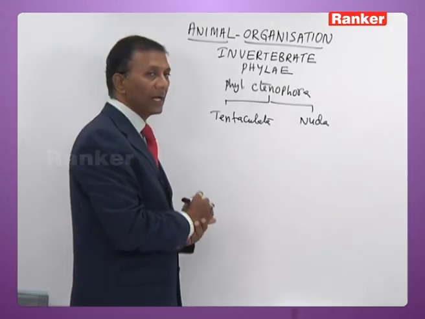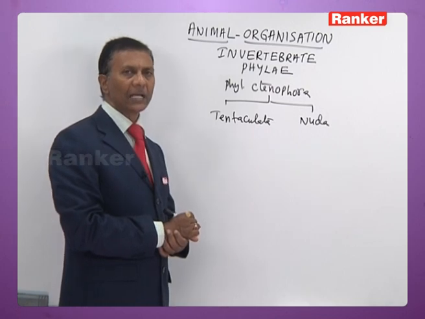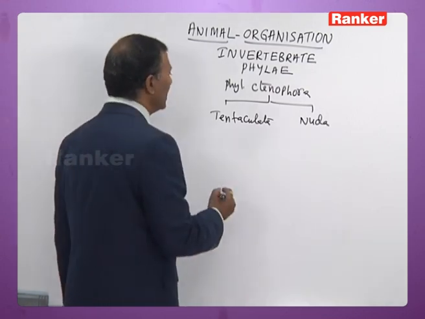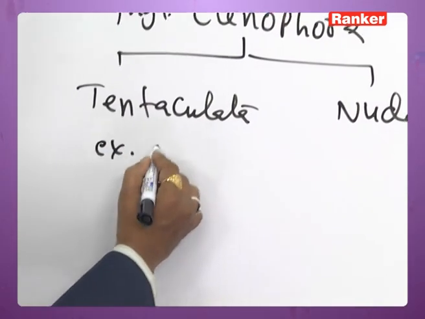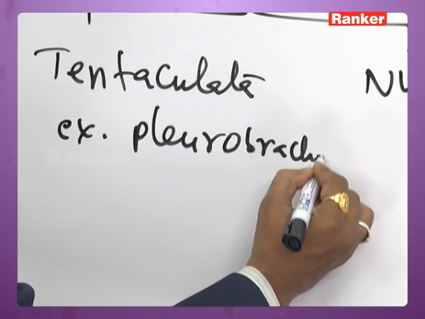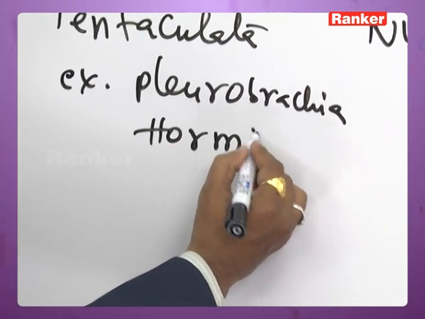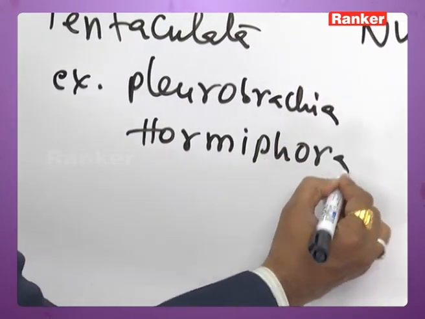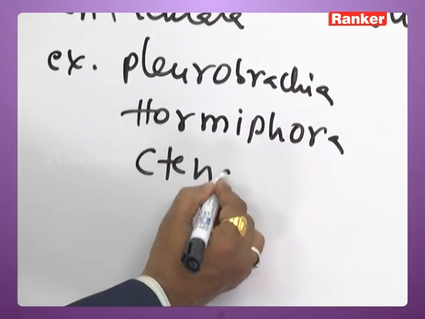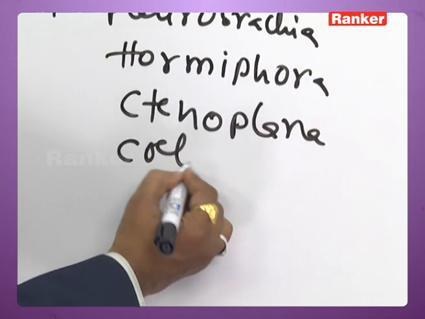As the name itself indicates, in Tentaculata, 2 aboral tentacles are present with an aboral sense organ called statocyst. The examples for Tentaculata are Pleurobrachia, Hormiphora, Ctenoplana, Coeloplana.